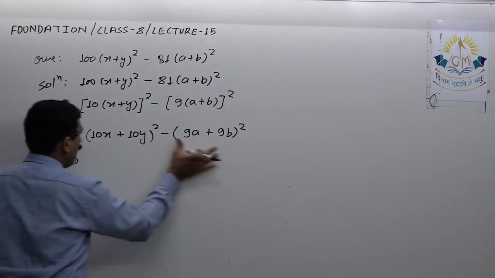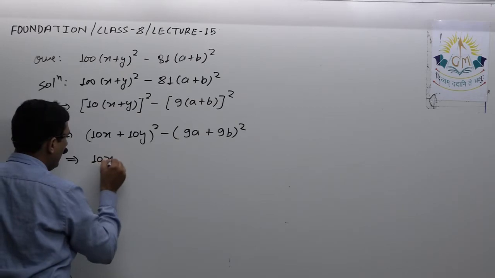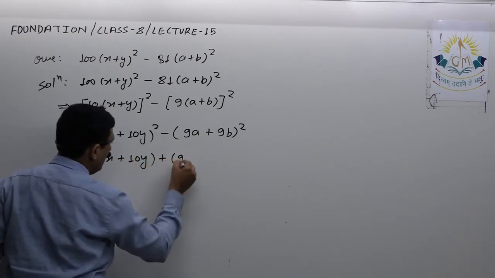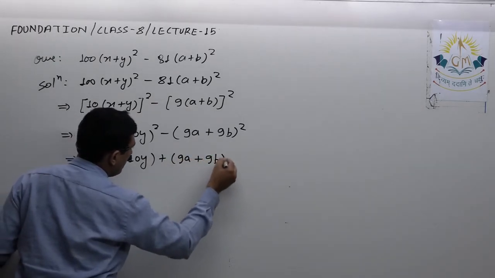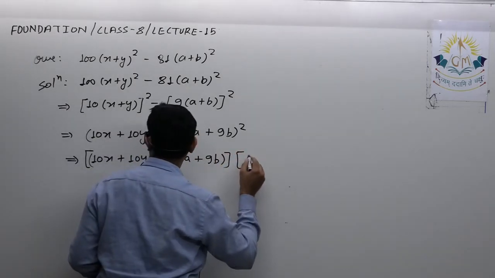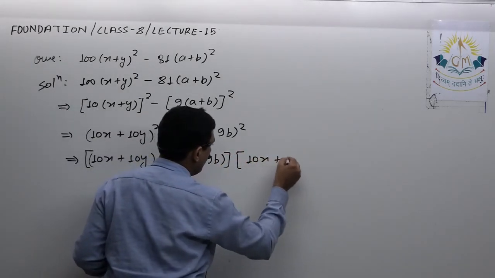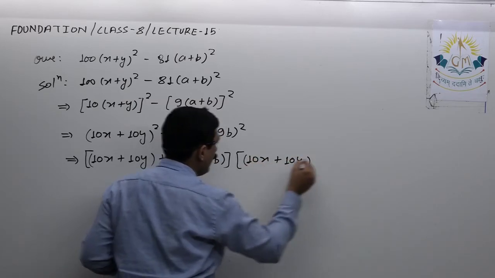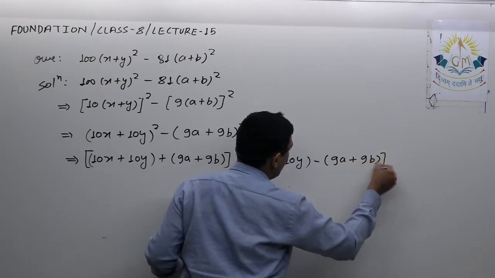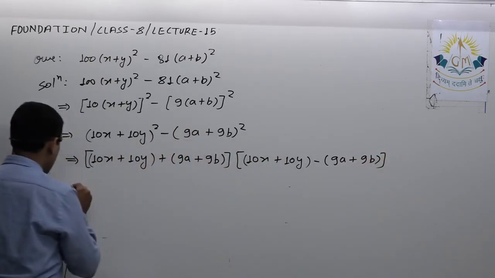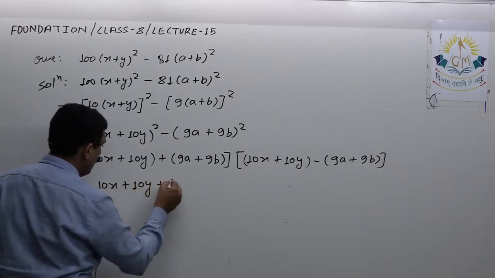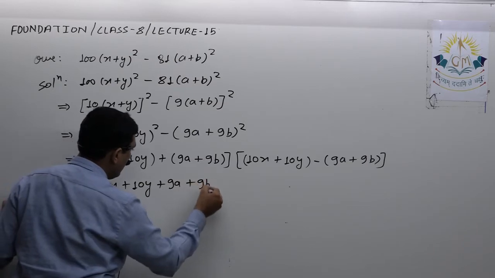So now a square minus b square is (a plus b)(a minus b). In the first bracket, a plus b, that is 10x plus 10y plus 9a plus 9b.